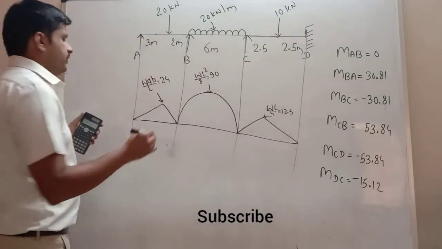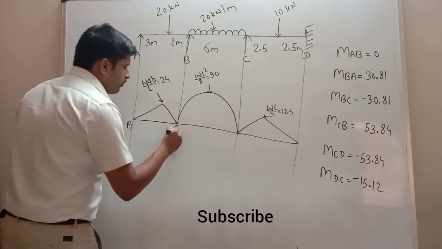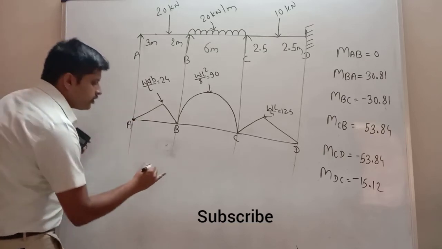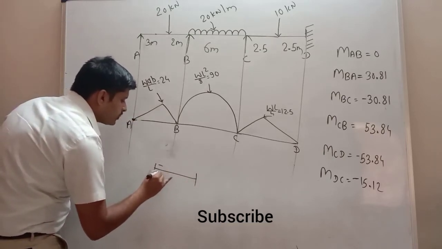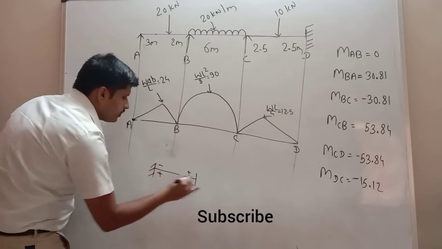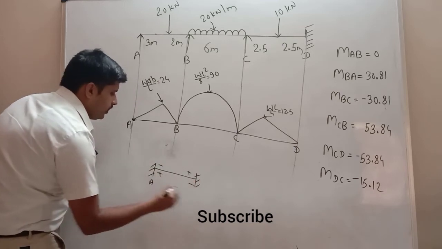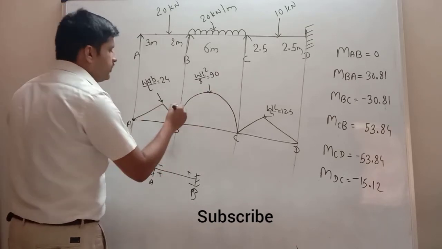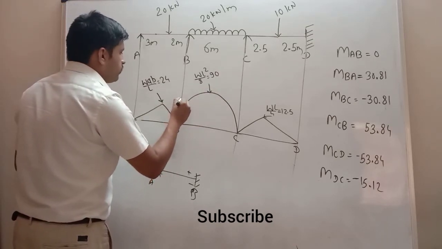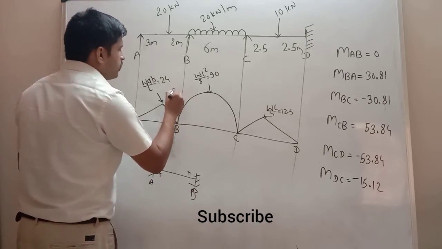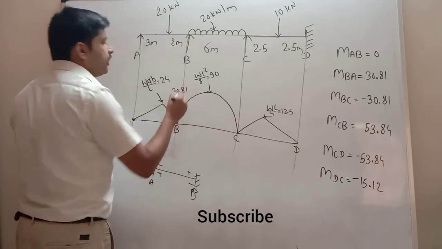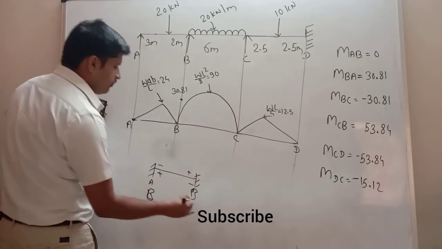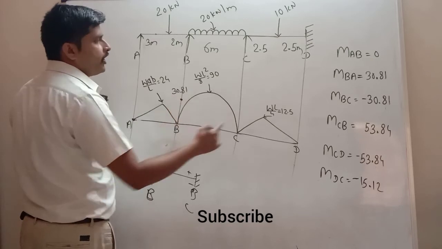Now for fixed end AB it is 0. Always draw this as minus, plus, plus, minus. AB is 0, BA is positive on the upper side, so 30.81 on the upper side. BC is minus on the upper side, again the same point.